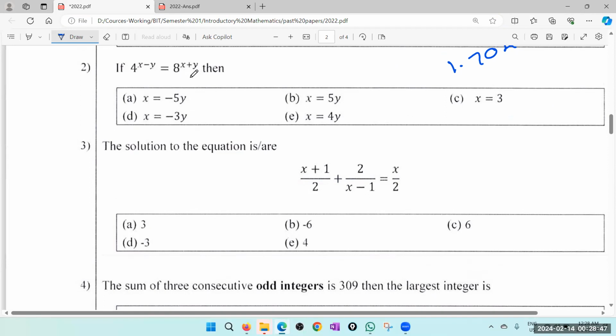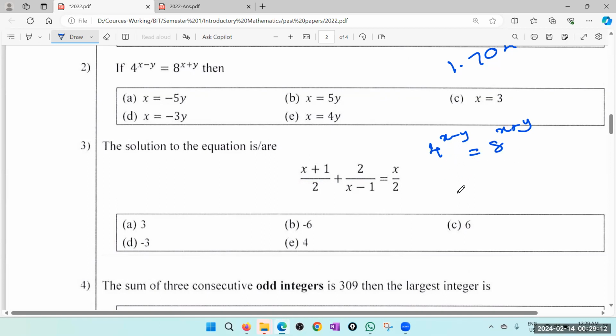So therefore, I like to write this either as a base of 4, or let's see whether we can do something. Of course, I can't write 8 as a power of 4, but you can see that I can write both as powers of 2. So what I need is a common base.